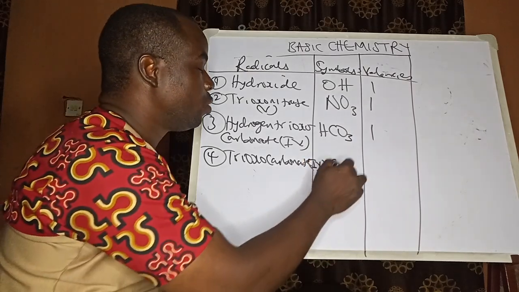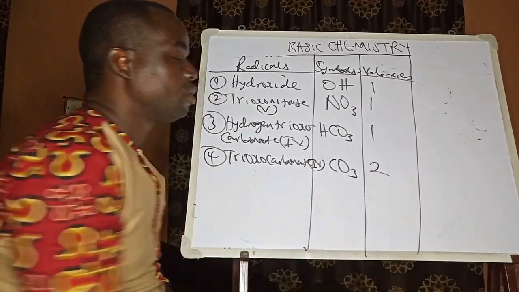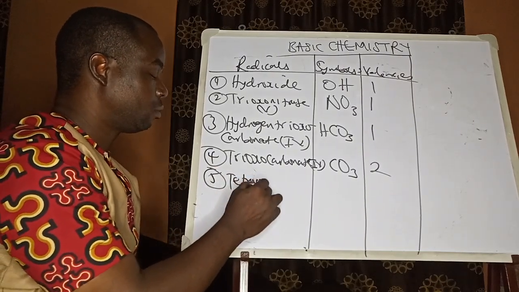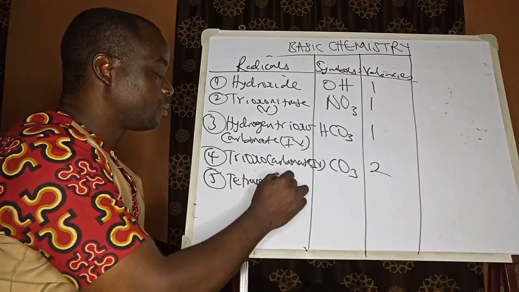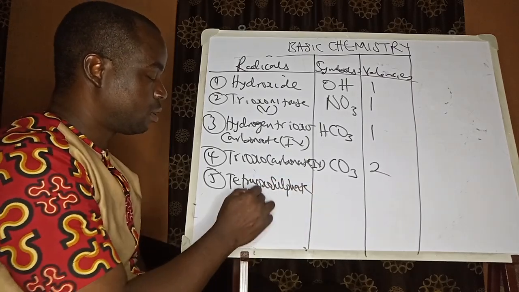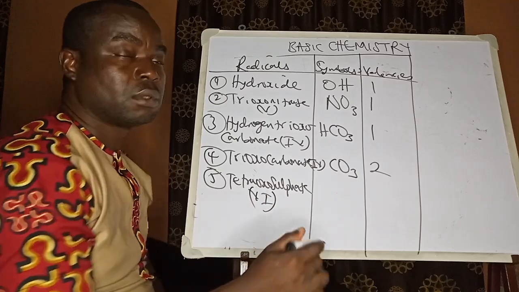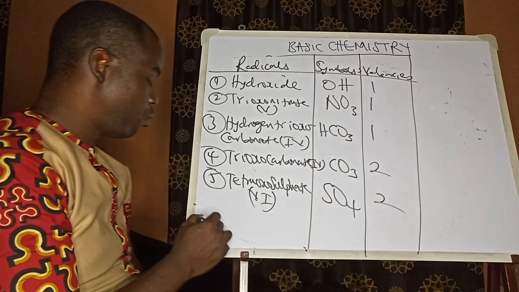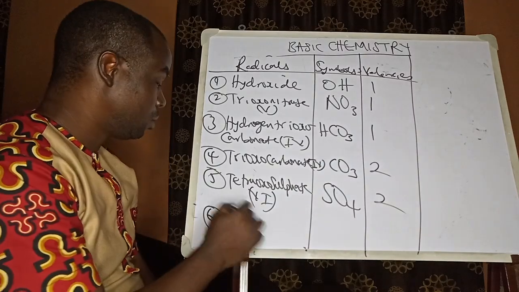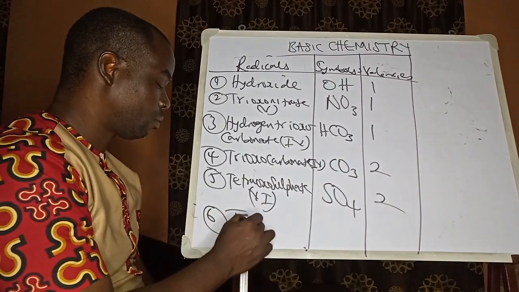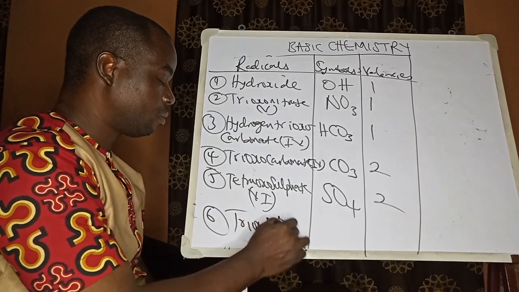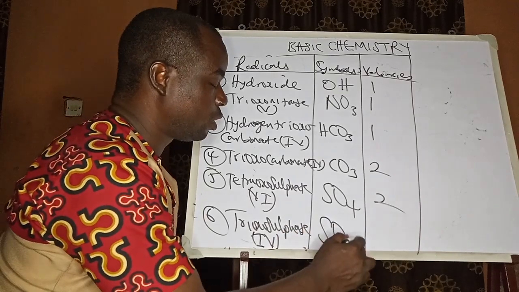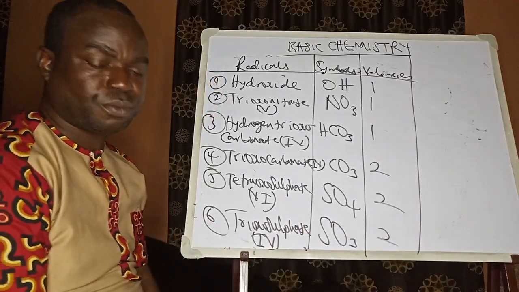The symbol is CO3. Valence is 2. Then we have tetraoxosulfate(VI). The symbol is SO4. Valence is 2. Then the 6th one is trioxosulfate(IV). That's SO3. The valence is 2.